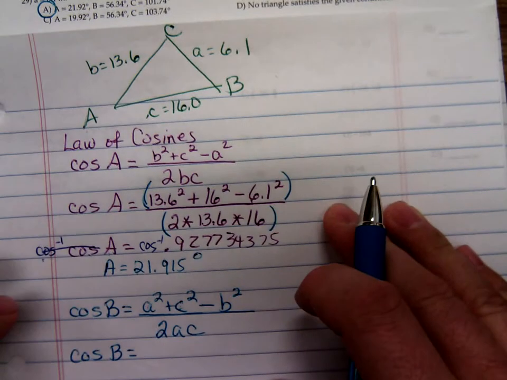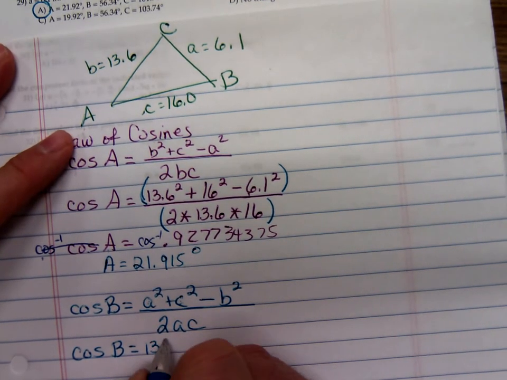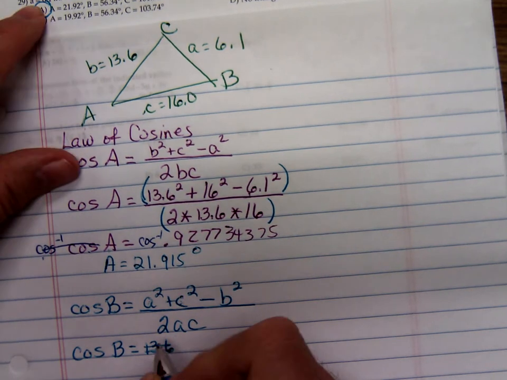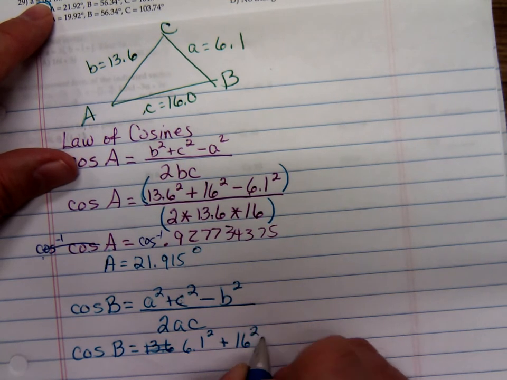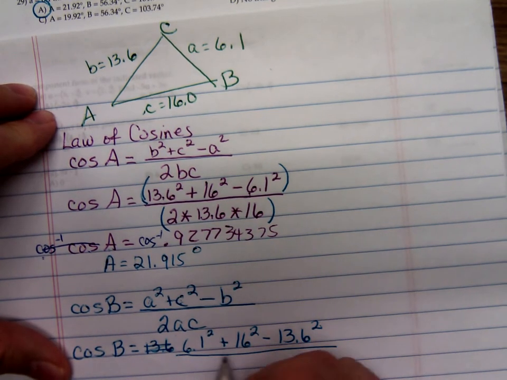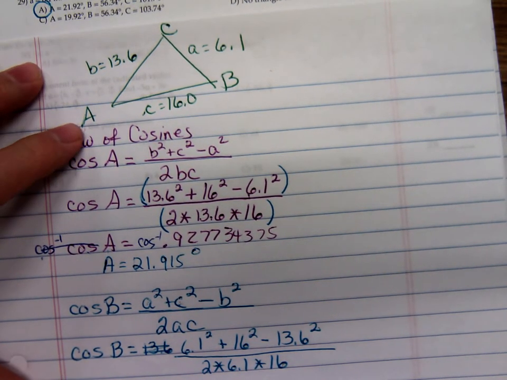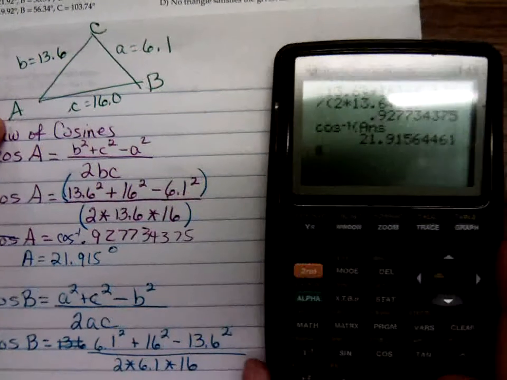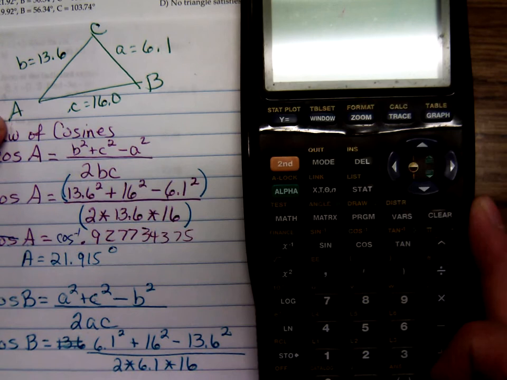Anyway, okay, let's see. So it's 6.1 squared plus 16 squared minus 13.6 squared, all over 2 times 6.1 times 16. There might be a little bit of round off on these, okay? And if both of y'all are getting it, then I'm suspecting that's what's happening.